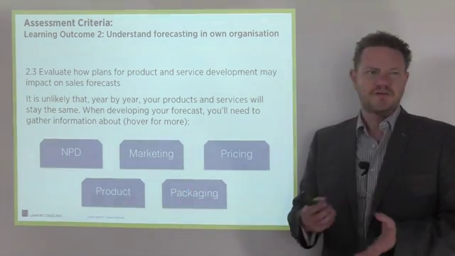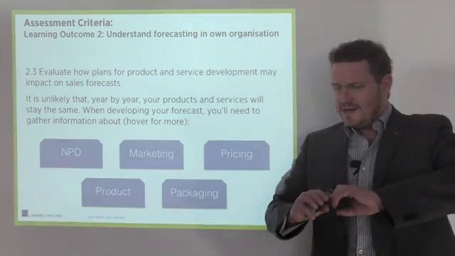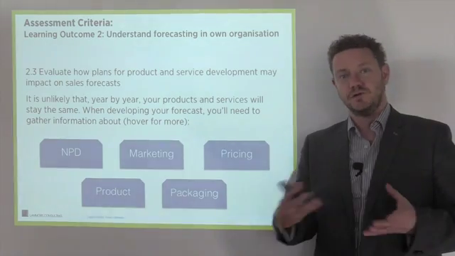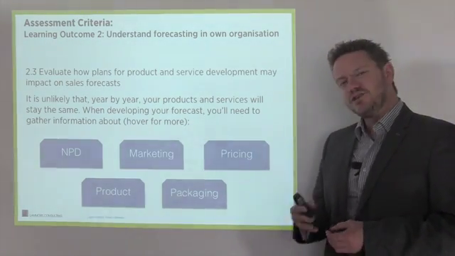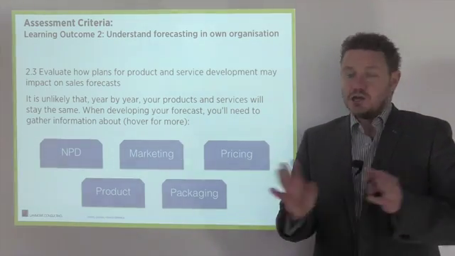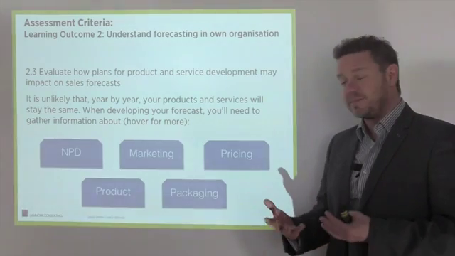Products and packaging, other areas. What changes are you making to the products that you're offering? Either the existing product and tweaking it and so on, or actually the NPD element of launching something completely new. And if you're changing packaging, what is the impact going to be on your sales forecast then? You could think, well, simplistically, we're going to improve our packaging, more people will want to buy it, it'll be great.